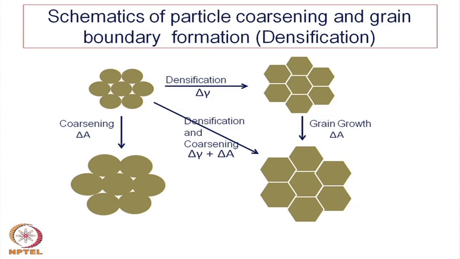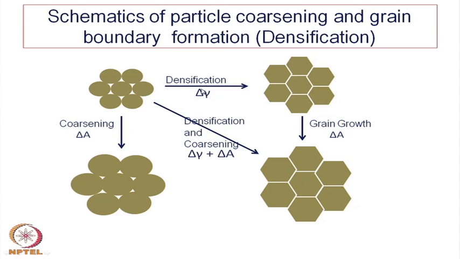So, this is a more compact and dense material compared to this aggregate. As a result of this, we call it densification, that means pores have been removed. Because the pores have been removed, the average density has increased. So, the material becomes more dense, and once the density increases and the grain boundaries are formed, greater mechanical strength also gets developed.